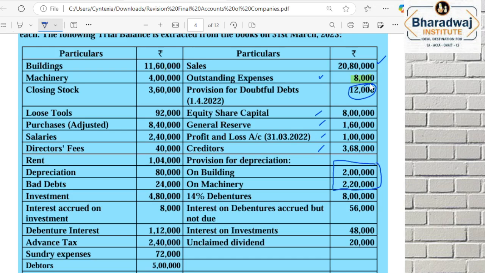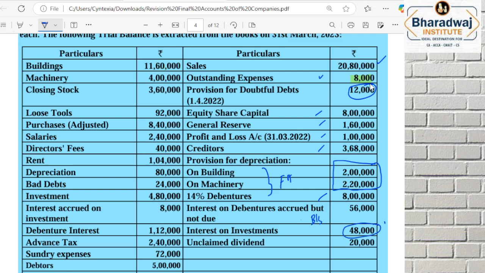Provision for depreciation will be adjusted in fixed assets. Debentures will come in balance sheet. Interest on debentures earned. This is income. We earned the income, but it is not due. This accrued amount already given in the trial balance will go to balance sheet as an asset.